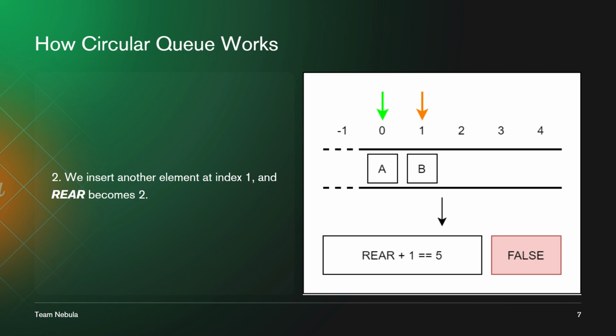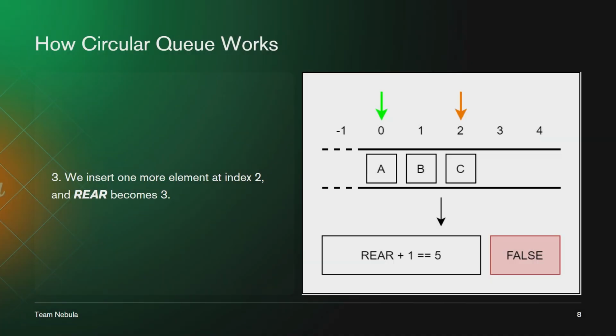We insert another element at index 1 and rear becomes 2. We insert one more element at index 2 and rear becomes 3. We insert yet another element at index 3 and rear becomes 4.